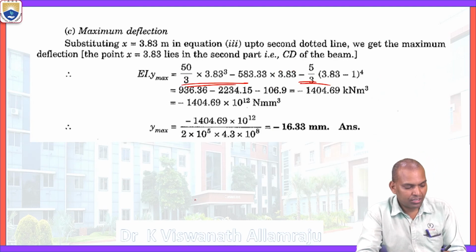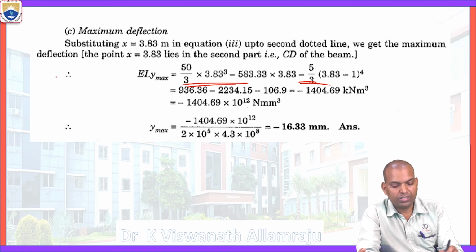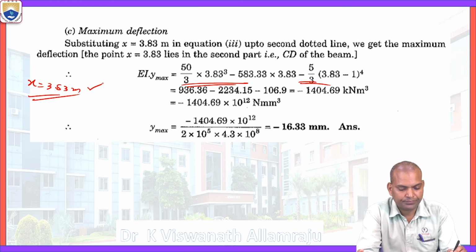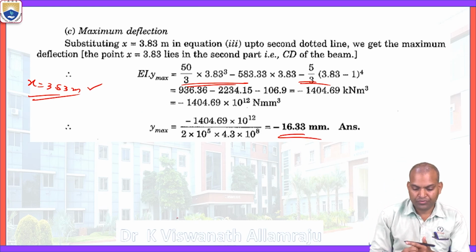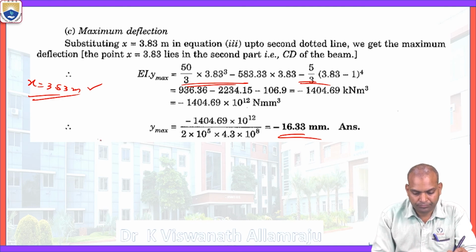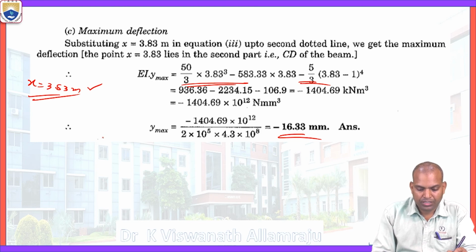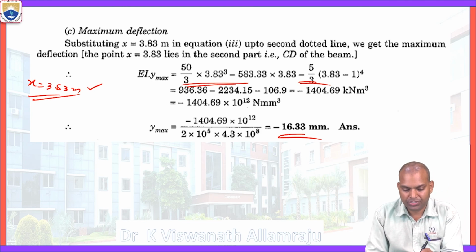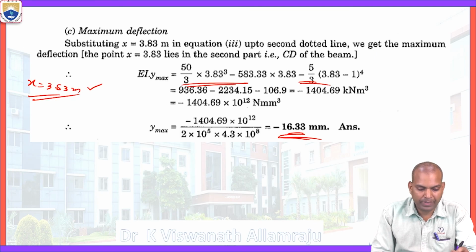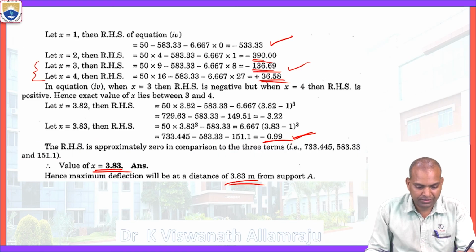Now up to the second dotted line we consider, substituting x equal to 3.83 meters, and we got the value of negative 16.33 millimeters. This is the maximum deflection value. The maximum deflection is calculated.